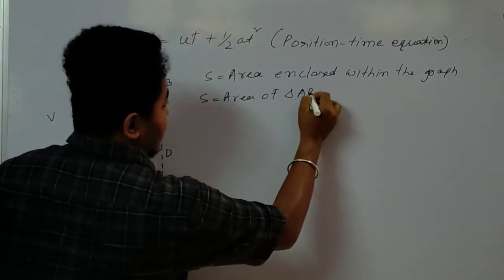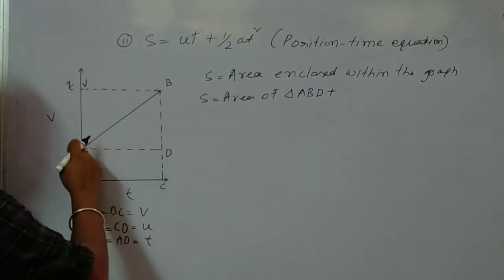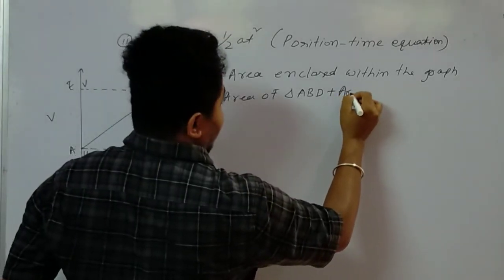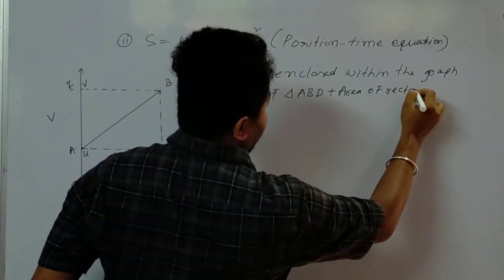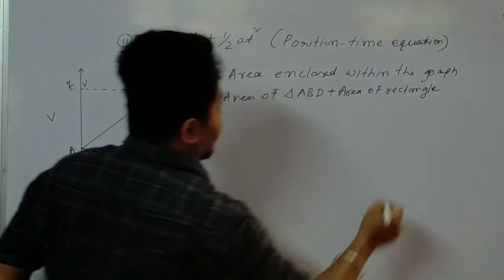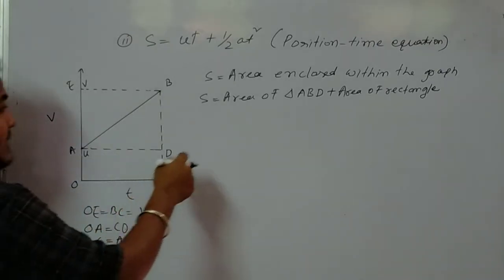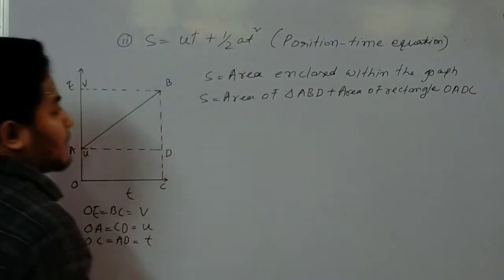Area of triangle ABD plus area of rectangle, which is the rectangle I was talking about, OADC. Area of rectangle OADC, remember.